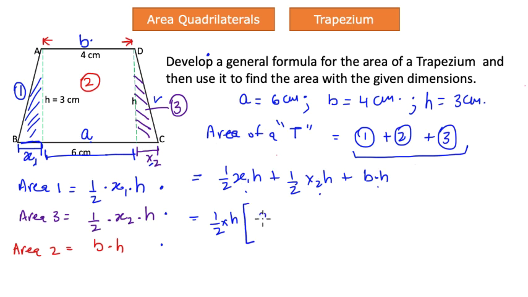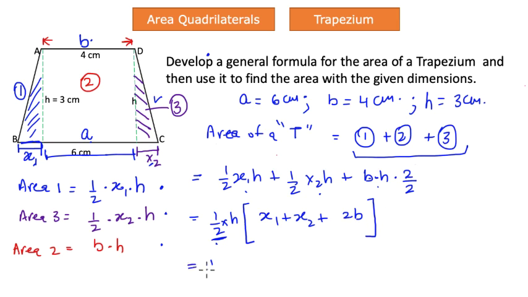What remains inside is x1 plus x2 plus twice b, because I have taken the 1/2 out, and there is only b and h. If I multiply this term by 2 and divide by 2, I do not change it at all. It still remains balanced, and I can take my 1/2 out, and what remains inside is 2b. So this is my new expression.